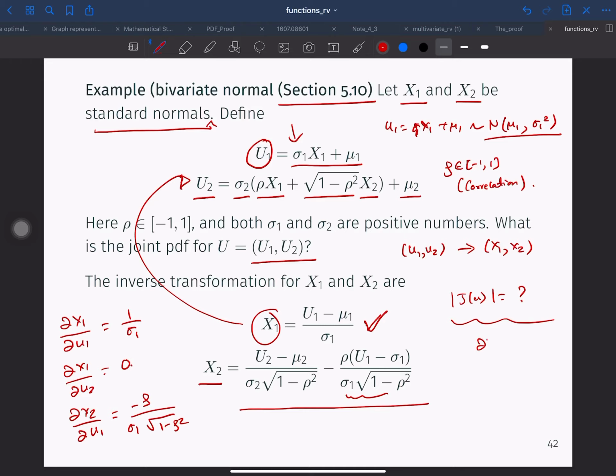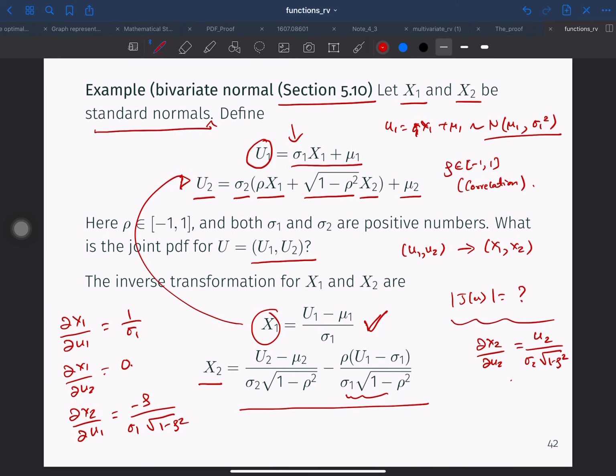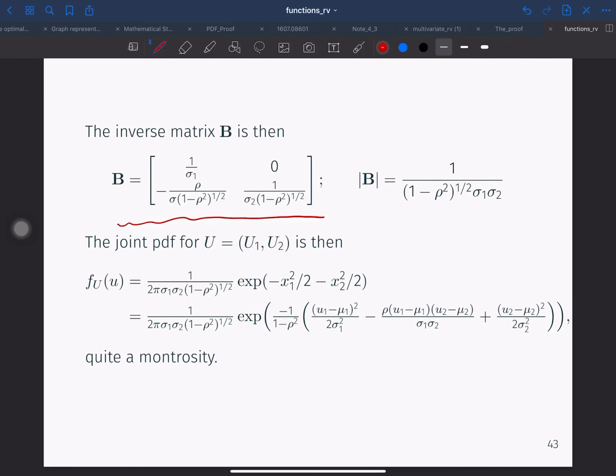And partial X2 with respect to partial U2 is going to be 1 over sigma 2 square root of 1 minus rho squared. So the Jacobian of the inverse transformation, as we said earlier, is these quantities. And so the determinant of the Jacobian is going to be 1 over sigma 1 sigma 2 times square root of 1 minus rho squared, since the other term is 0.